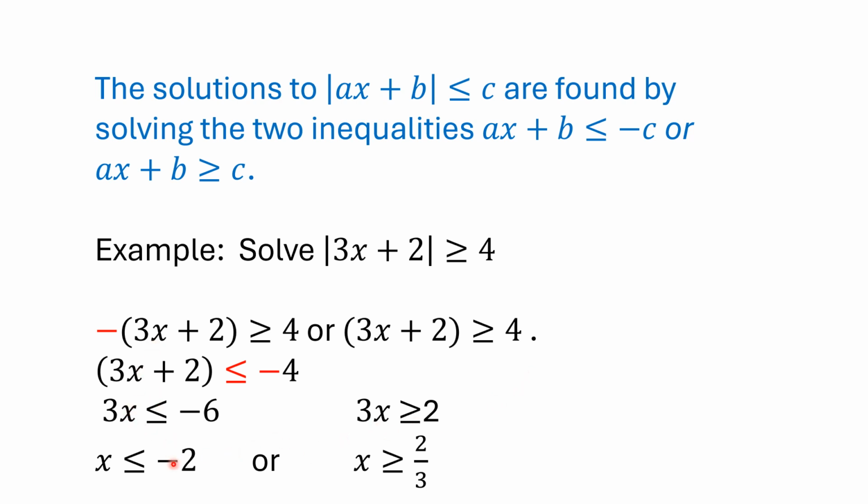Going down the left side again, we'll multiply by negative 1 and flip that inequality. 3x plus 2 is less than or equal to negative 4. 3x is less than or equal to negative 6, or x is less than or equal to negative 2. Going down the other side, 3x is greater than or equal to 4 minus 2, or 2. x is greater than or equal to 2/3.